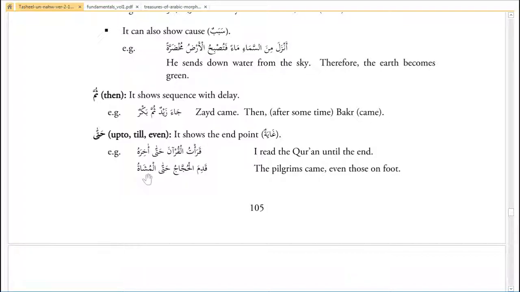Yani, those who were on foot also came. It gives us the idea that those people who came at the end also came. This hatta is telling us قدم الحجاج حتى المشاة. The Hujaj came, even those on foot. So hatta is up to, till, even.